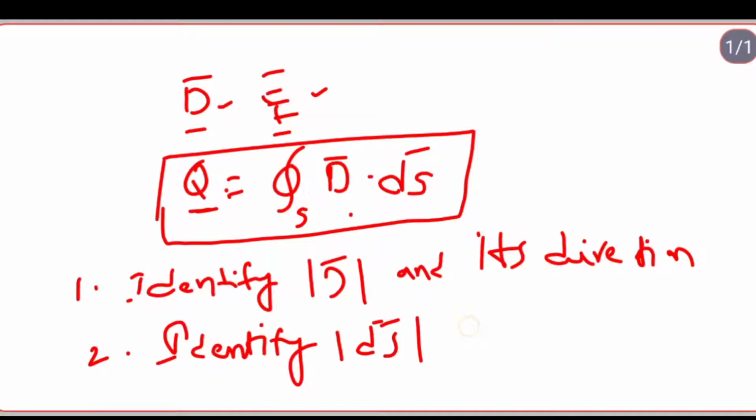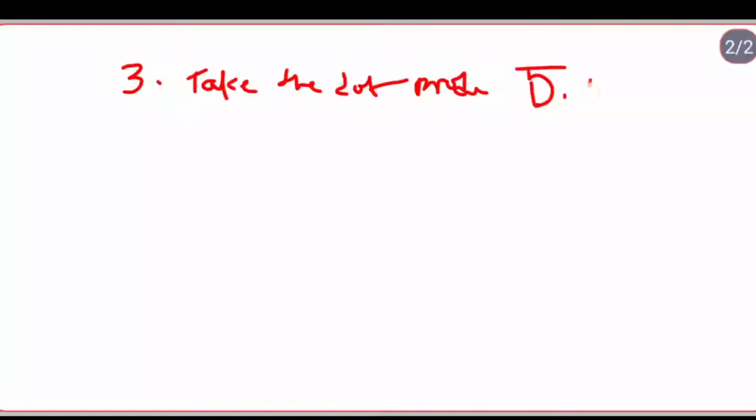Third, after finding dS and D bar, take the dot product D dot dS. We have to consider the dot product.